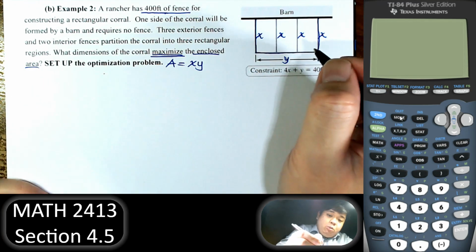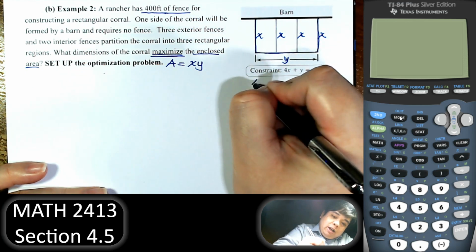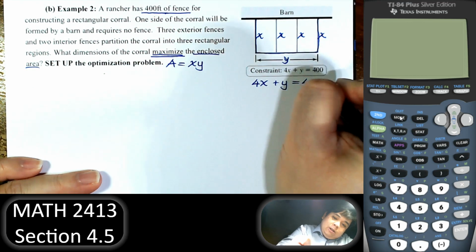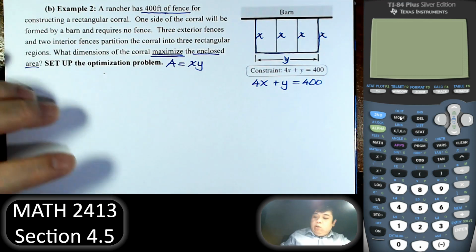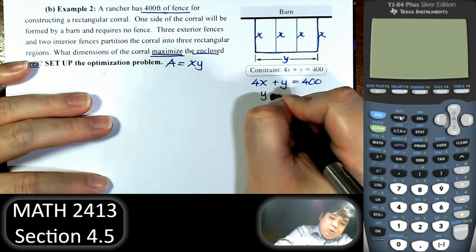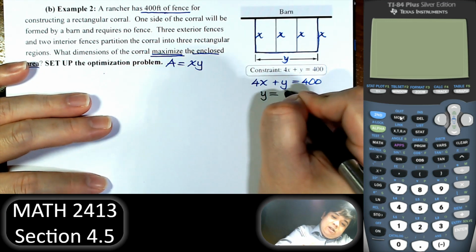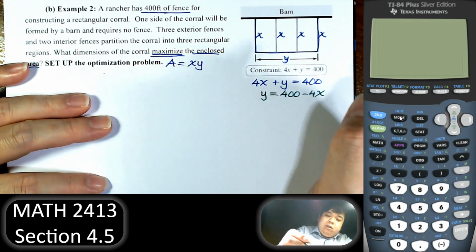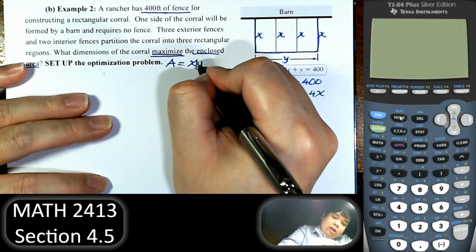That is the constraint of our problem. Of course, we can solve for x in terms of y or y in terms of x. I prefer to just write y in terms of x. Right? And we substitute into y here.